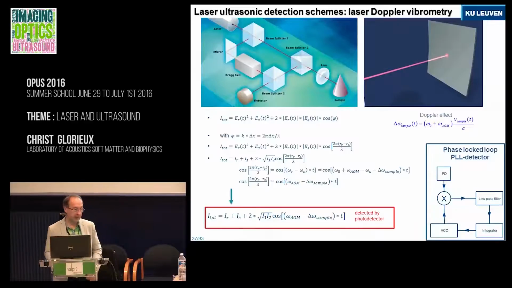Again, it's a kind of Michelson interferometer. But now you are mixing the light which is going to the sample with a reference beam, which is staying inside of the interferometer. And you are doing something in addition, so it's not an ordinary Michelson interferometer. You are shifting a bit the frequency of the reference beam or the sample beam, doesn't matter. One of them you are shifting in frequency with an acousto-optic modulator, because it's fast, but you could also use a Pockels cell or other techniques, which is written here as a Bragg cell.